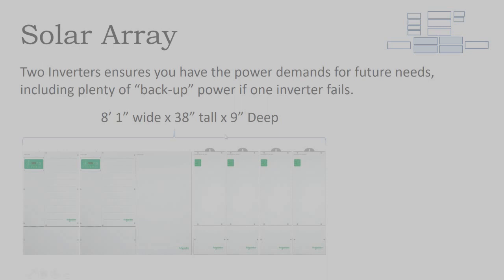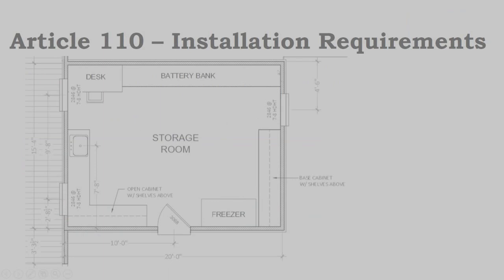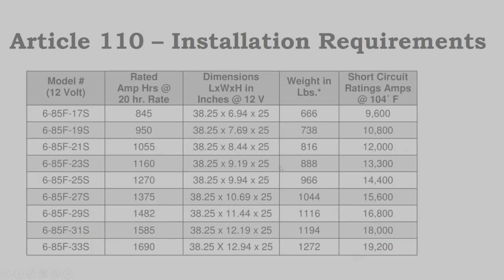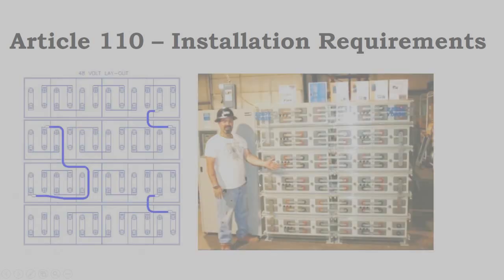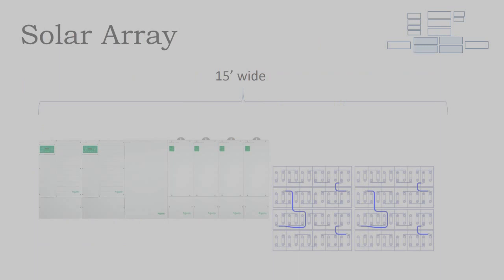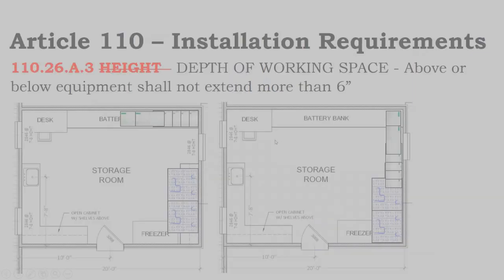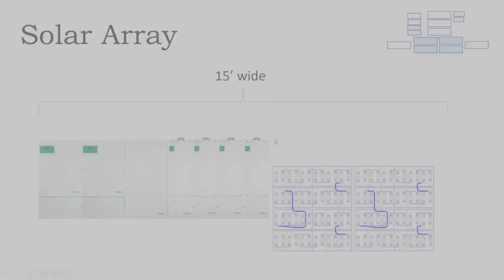But going back to our room, if we need 8 feet for our inverter system and our batteries, if we have 8 of them and they're about a foot wide each, in total, our battery bank plus our equipment is 15 feet wide. And then we need 30 inches on a side of each, and then we need 30 inches in addition to that.